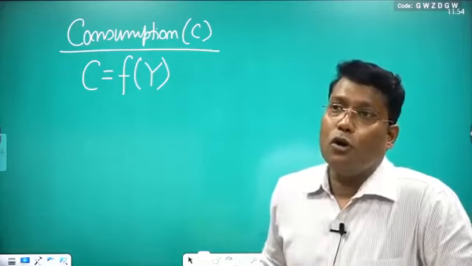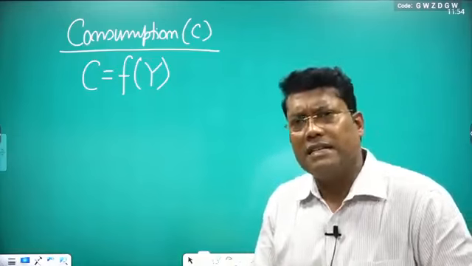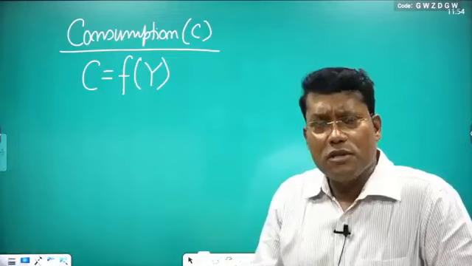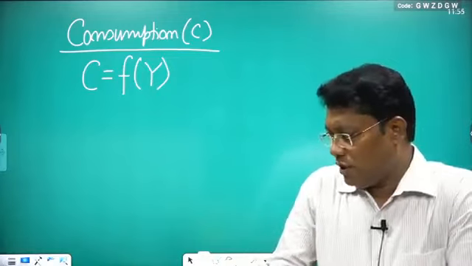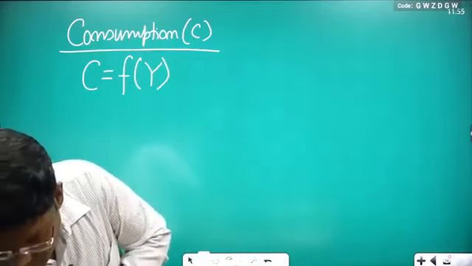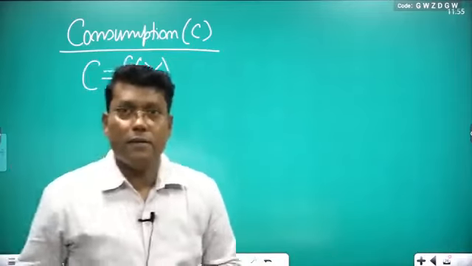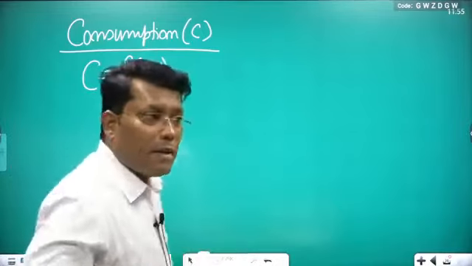Or you can write the same thing in another way: consumption depends on level of income. Clear? Consumption depends on level of income. Fine.